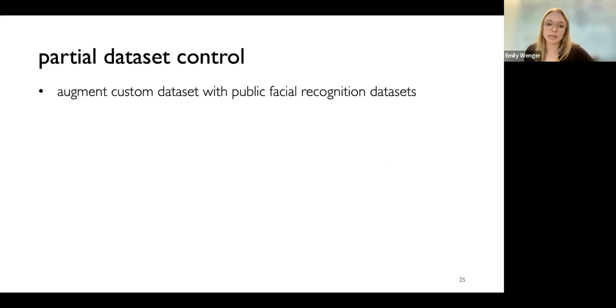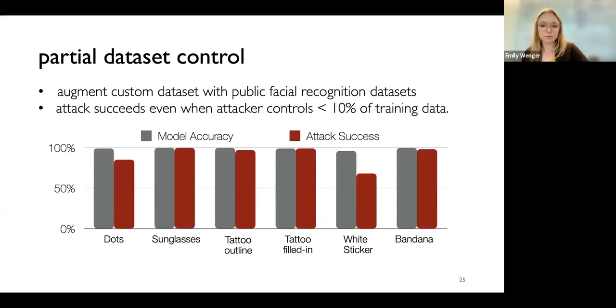So in the partial dataset control setting, we augmented our custom dataset, the one we collected, with this public facial recognition dataset to form a 75 class model. And what we found is that the attack still succeeds even when the attacker poisons only 15% of the classes that they do control, which results in being less than 10% of the overall training data.